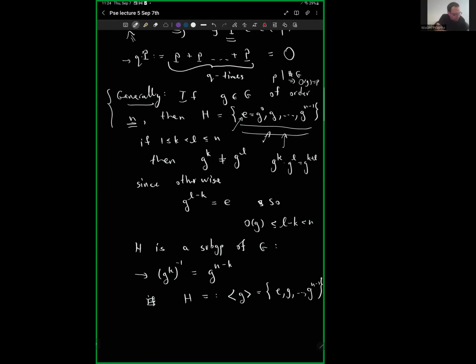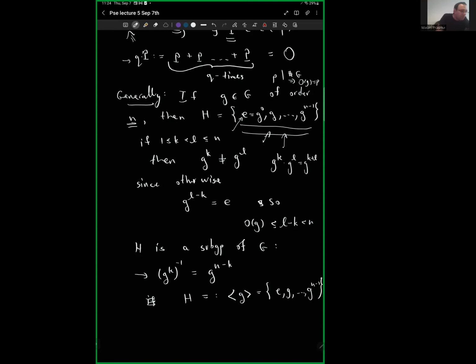So every group has a subgroup for a prime factor basically. A cyclic subgroup, in fact. You can regard this as a partial converse to Lagrange.